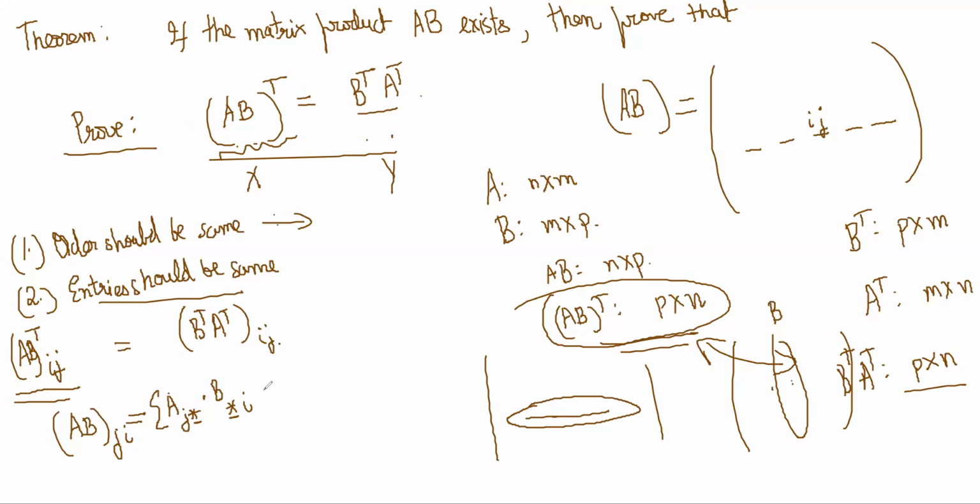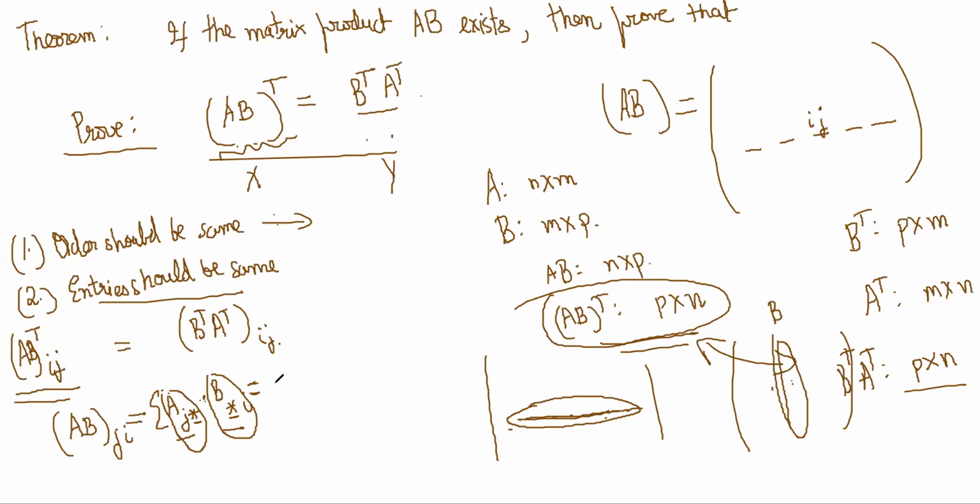Makes sense? Now you know that the dot product is commutative: A dot B is the same as B dot A. This row's elements are like a vector, and this is a column vector, and you are doing a dot product of these two vectors to get the ji entry.